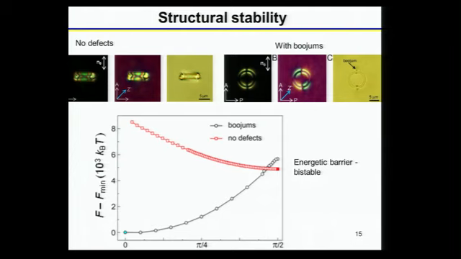All right, so you can see that both those structures are possible, right? And the one which has defects, the 4 different boojums, surprisingly is actually more frequently observable, so it might be more stable. And that actually is in agreement with numerical calculation of the free energies corresponding to those 2 structures, right?